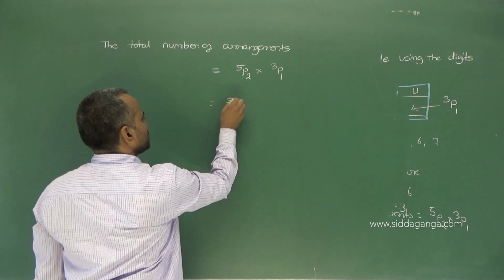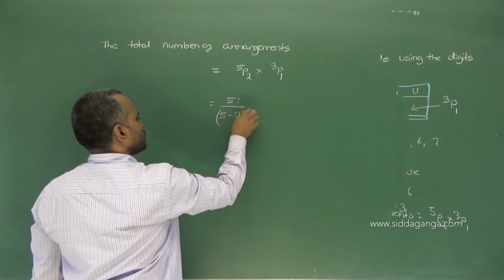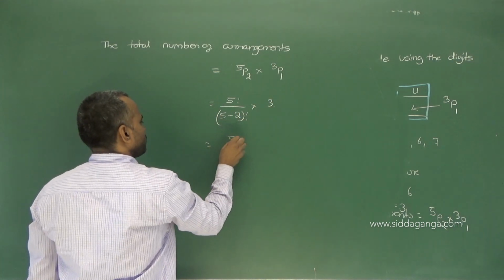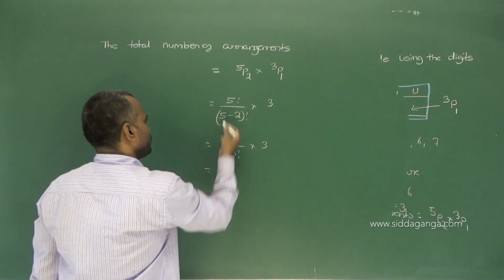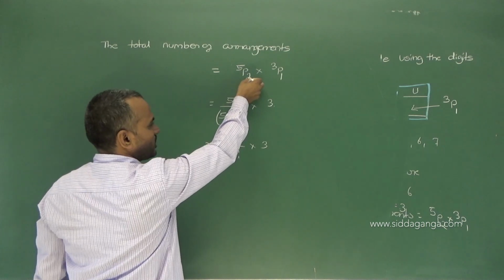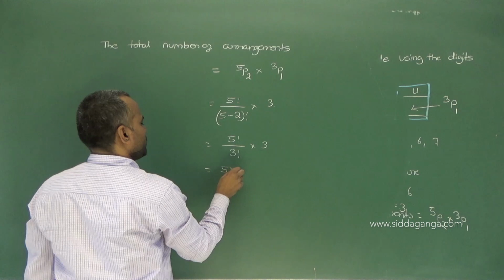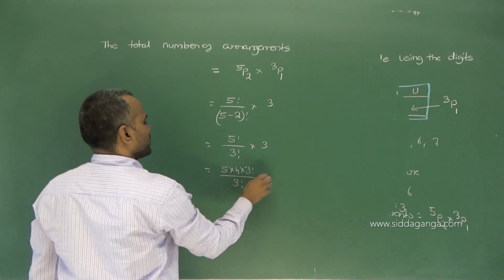5P2 is 5 factorial divided by (5 minus 2) factorial, and 3P1 is 3. So 5 factorial divided by 3 factorial into 3. Since we know r is 2 and r is 1, we directly substitute. 5 into 4 into 3 factorial divided by 3 factorial into 3.